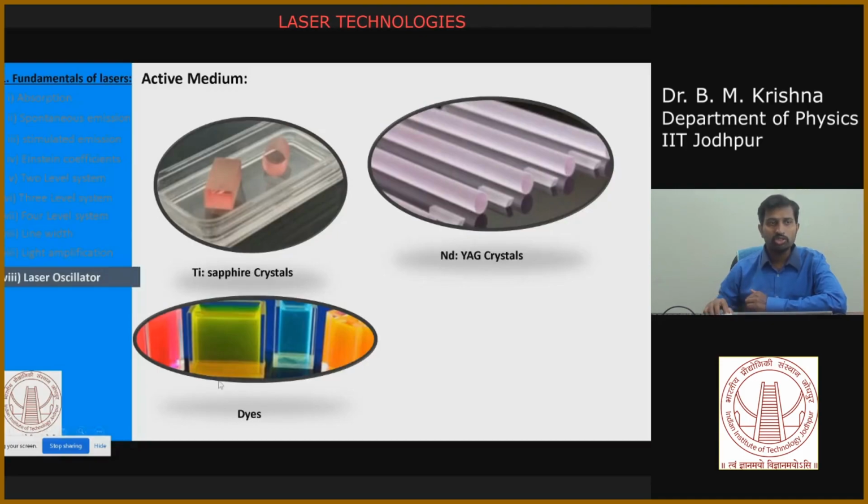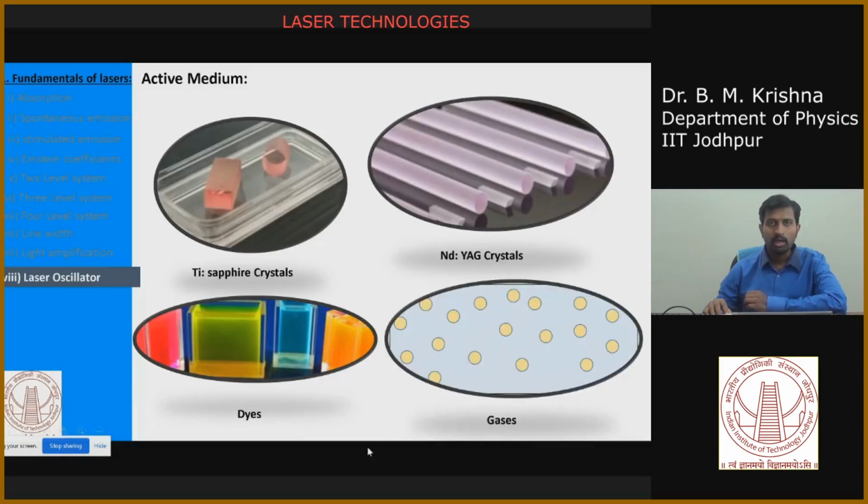If your active medium is dyes, that means you can use liquid materials also as an active medium. Different dyes can be used as an active medium to get lasing action. What you require is a system whose energy levels are suitable to have a population inversion, and also gases.